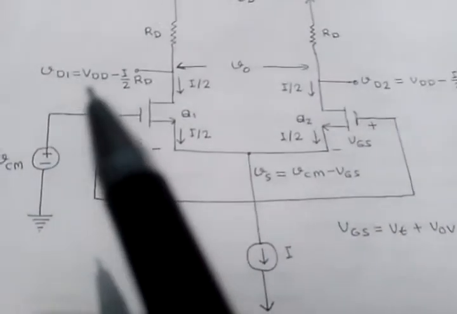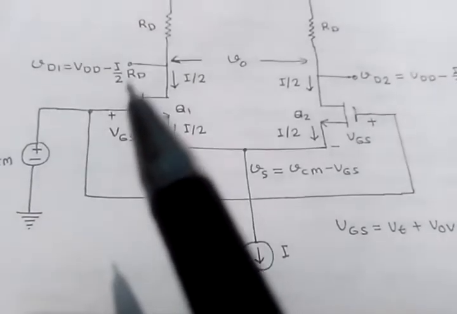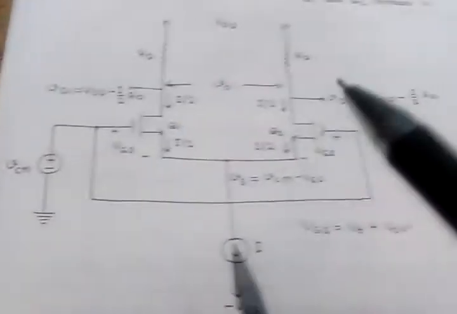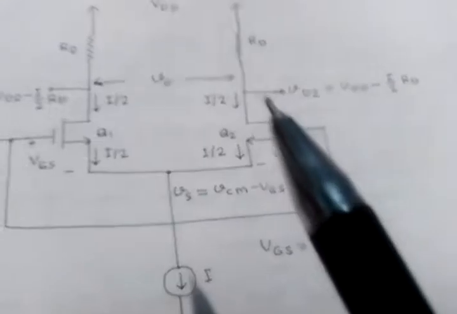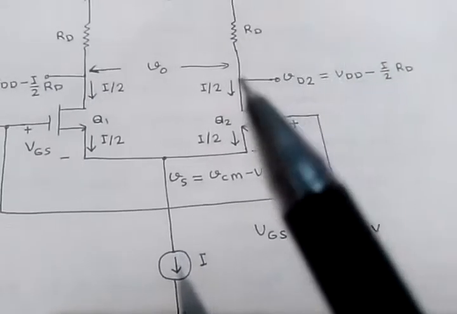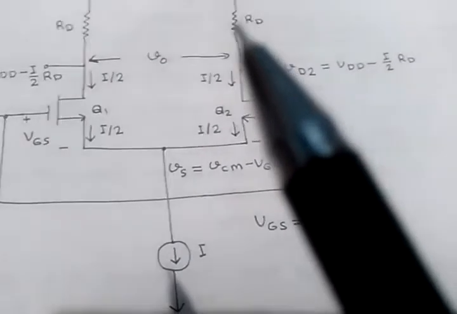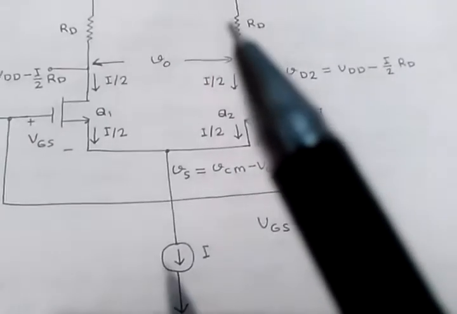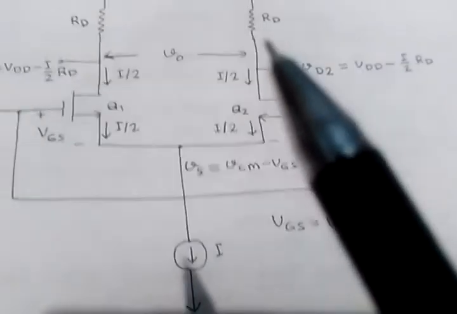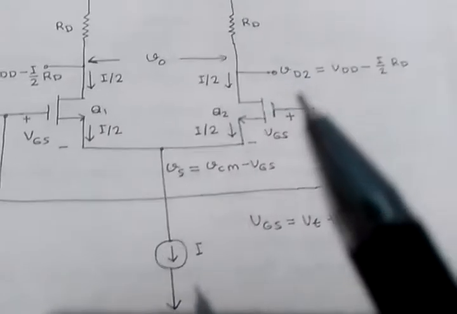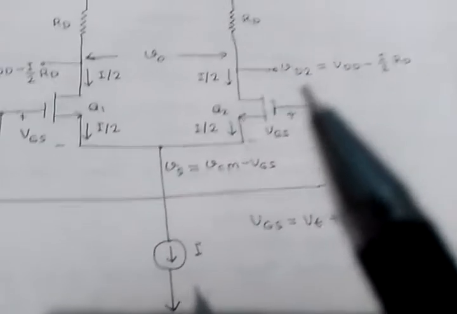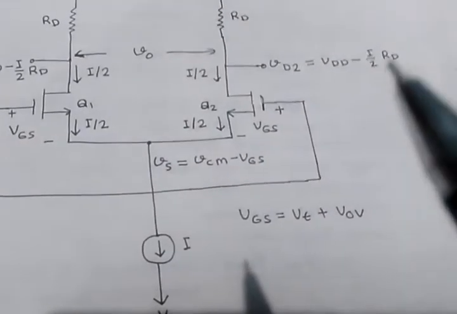So VD1 will be VDD minus I by 2 into RD. In same way, VDD minus VD2 means voltage across RD will be equal to RD multiplied by current through this resistor means I by 2. In this way, we can calculate VD2 as VDD minus I by 2 into RD.